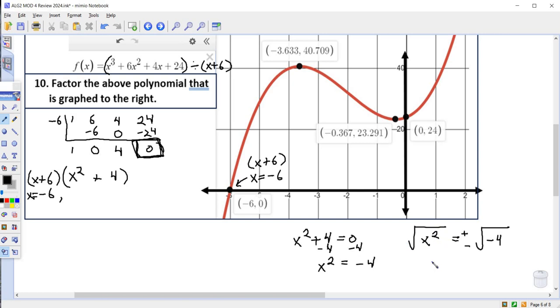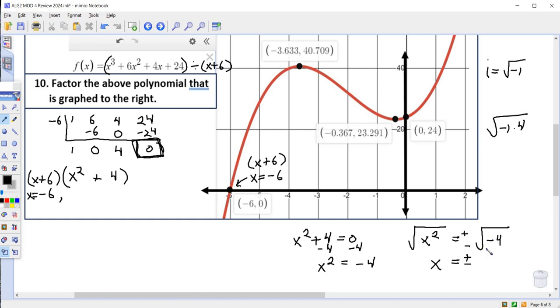So the square root gets rid of the square, and I have x equals plus or minus the square root of negative 4. This negative under the square root is where our imaginary numbers come from. i is equal to the square root of negative 1. And underneath this square root, I have negative 1 times 4. Negative 1 times 4, that's negative 4.